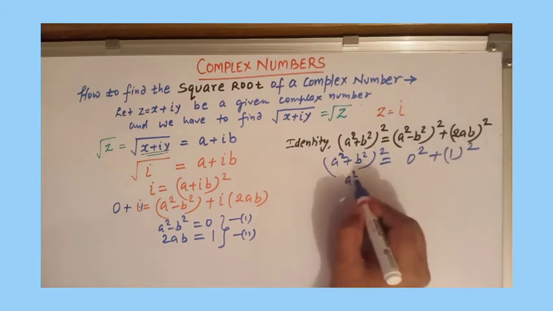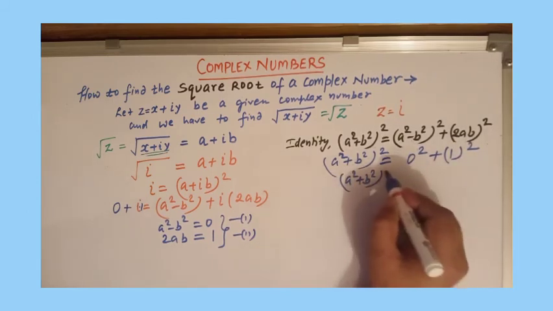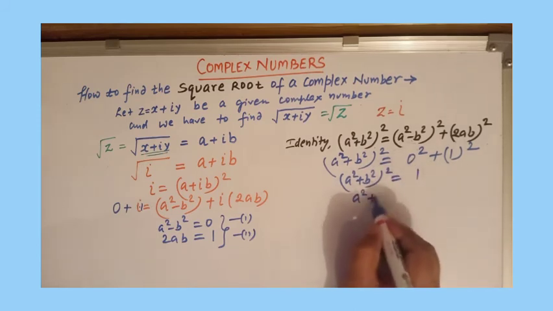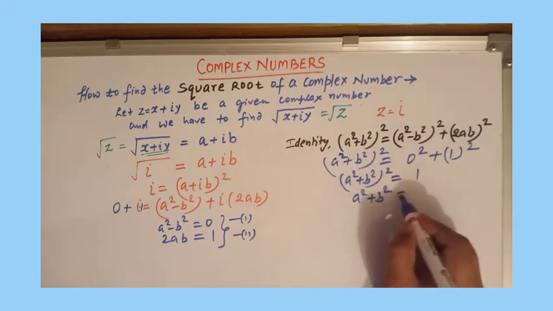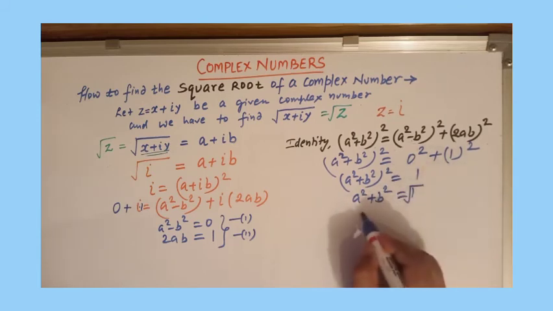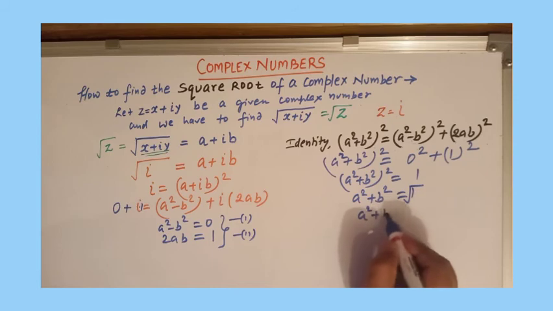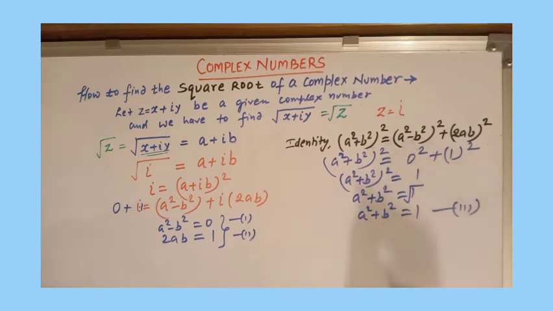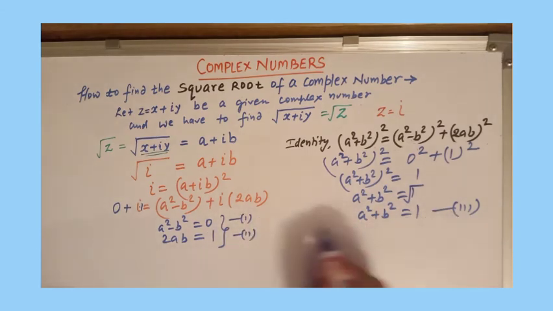So this can be written as (a square plus b square) whole square is equal to 1, and taking the square root, a square plus b square is equal to 1, and this is equation number 3.